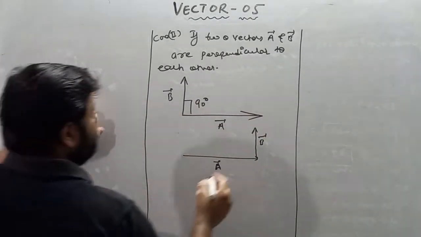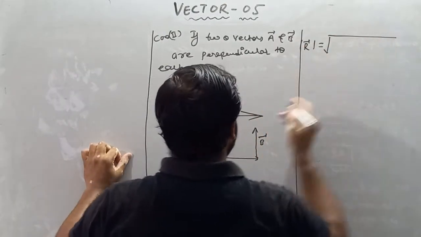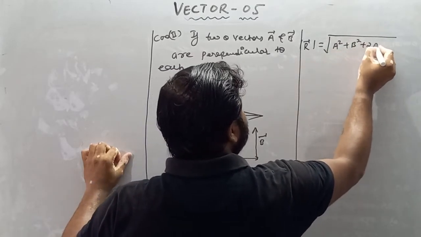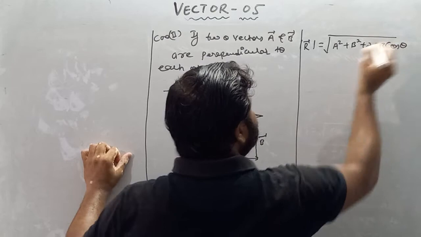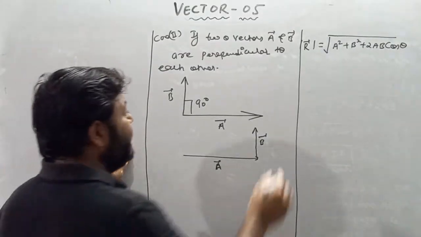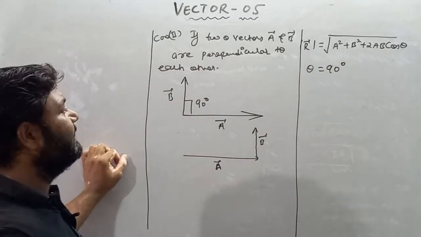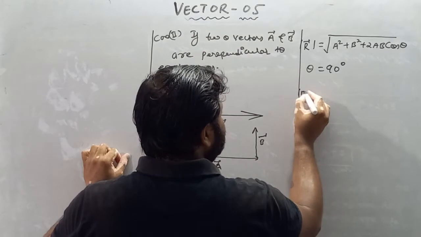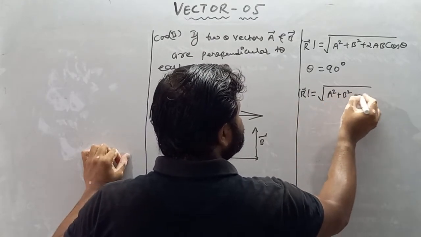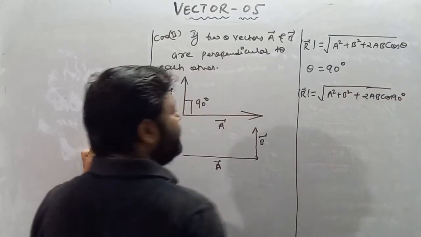So we know that the magnitude of the resultant vector is under root A square plus B square plus 2AB cos theta, where theta is the angle between A vector and B vector. And now we know that if two vectors are perpendicular to each other, then the angle must be 90 degrees. So the magnitude of R vector is equal to under root A square plus B square plus 2AB cos 90, and we know that cos 90 is 0.